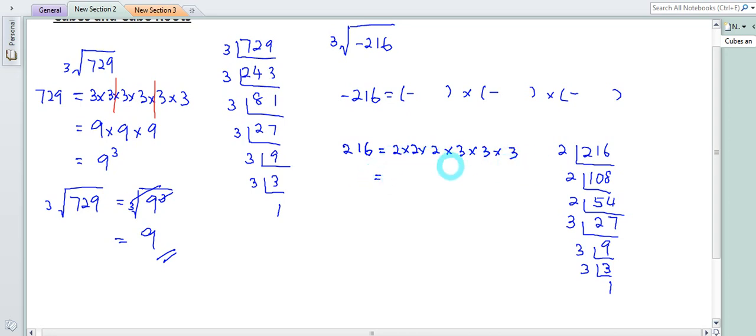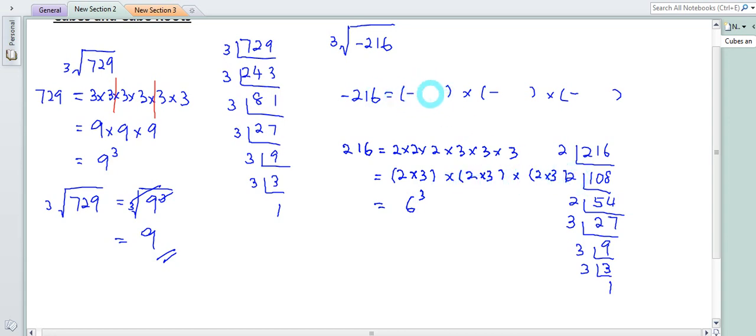Separate them into 3 identical groups. So will be 2 here, and a 2 here, and a 2 here, 3, 3, and 3. So 216 is actually 6 to the power of 3, right? Because it's 6, 6, and 6.